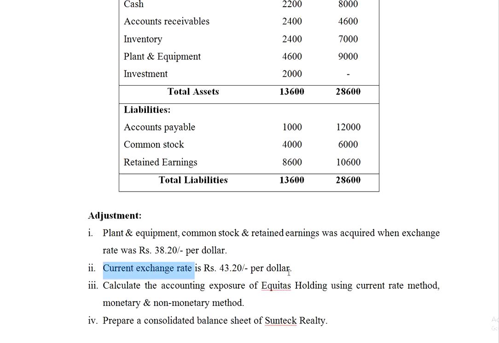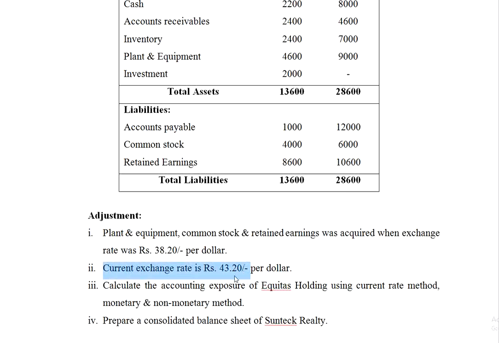There are four methods to calculate accounting exposure: one is the current rate method, the second is the monetary and non-monetary method, the third is the current and non-current rate method, and the fourth is the temporal method, right? So I've given a specimen for that, where you have to use HR and CR, which you can see in your notes, already given. So the current rate is 43.20, which means CR is 43.20.